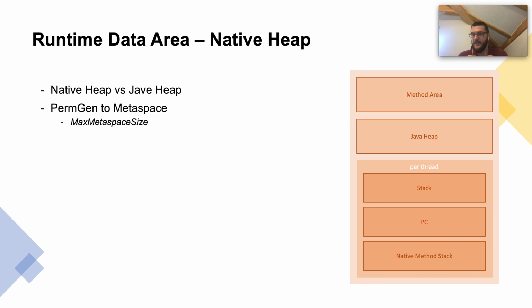So permgen had a max size, and when there is much activity loading new classes, it can throw an out of memory error. Java 8 completely removes permgen and introduces a new part called metaspace, and metaspace stores class data.